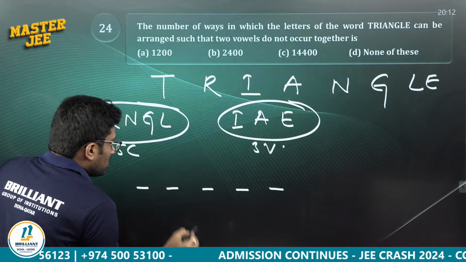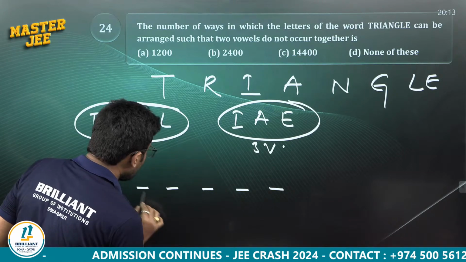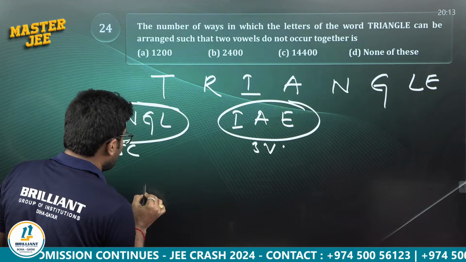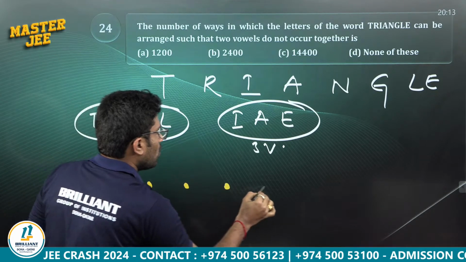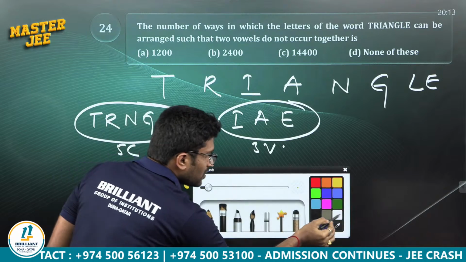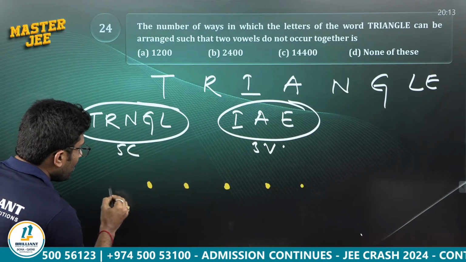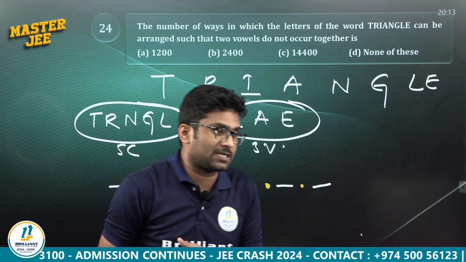Suppose I arrange one consonant here, one here, one here, one here, one here, 1, 2, 3, 4, 5. After arranging these consonants, we will be getting 6 gaps.